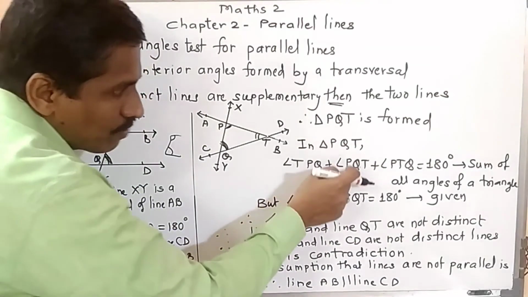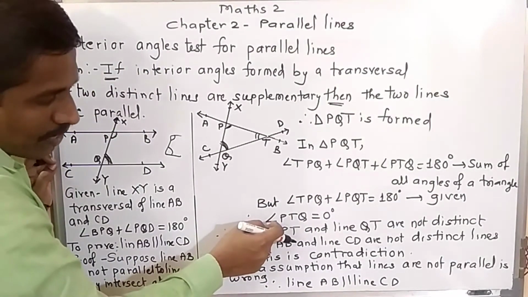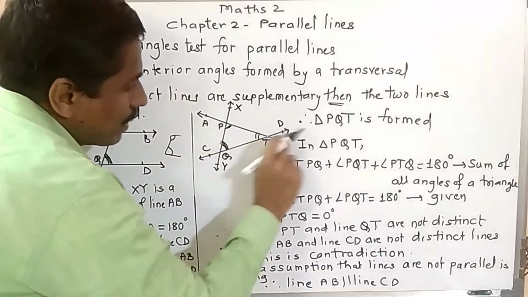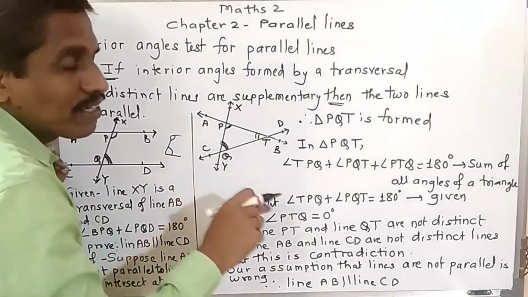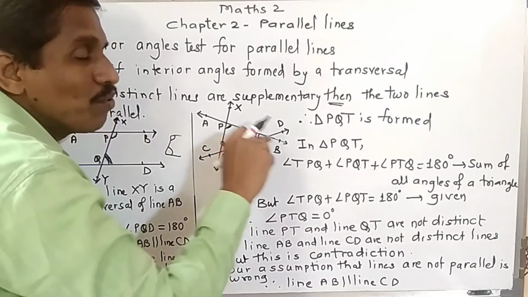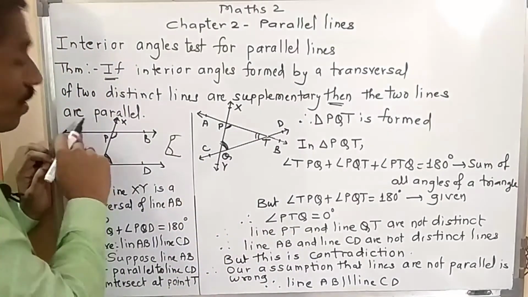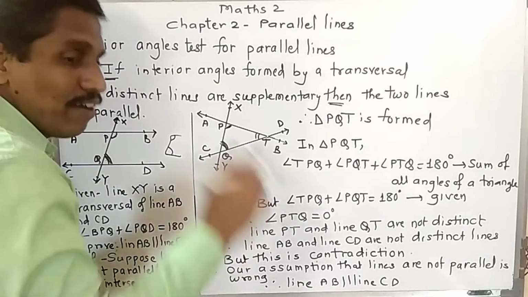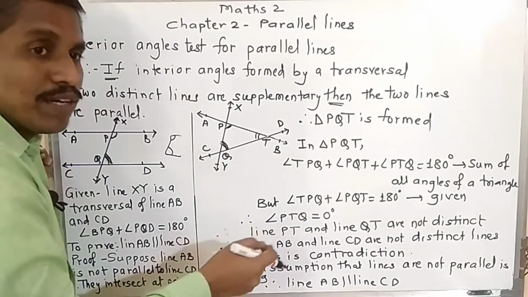Substituting, what I will get over here: angle PTQ is 0 degrees. Angle PTQ is equal to 0. It means this line PT and line QT are not two distinct lines and they coincide. But this is a contradiction to our assumption that the lines are distinct, and therefore our assumption, what was our assumption?